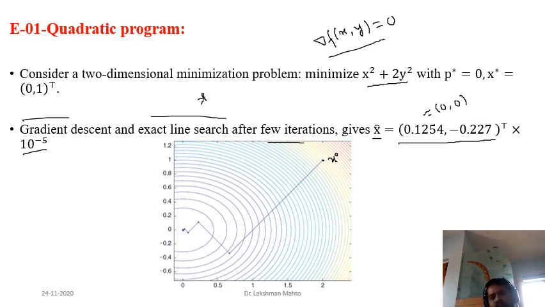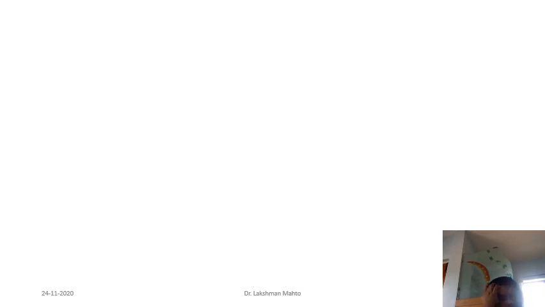You can observe that the direction of descent is always perpendicular to the contour at that point. This one is due to the first iteration, this descent is due to the second iteration, this descent is due to the third iteration, and likewise after a few iterations you got this x cap, the approximate solution. And that approximate solution is very near to the exact solution 0. It is one geometry of gradient descent.